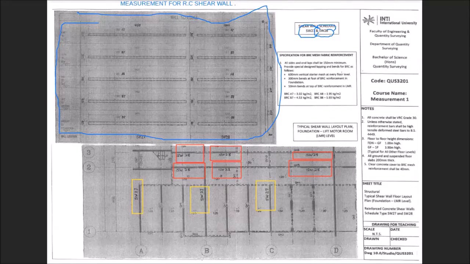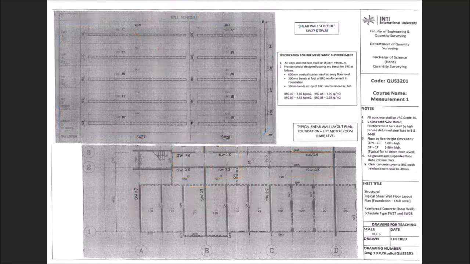After you refer to the layout plan, we can refer to the schedule. This is actually the schedule. Now from this schedule, this is the ground to foundation, that means from the ground level to the foundation.